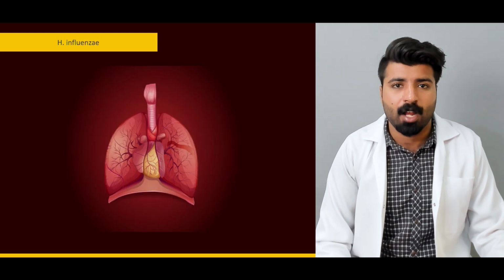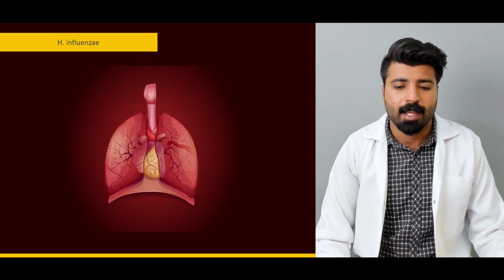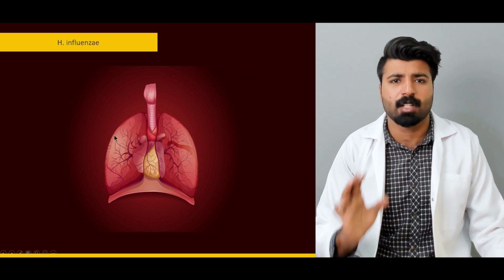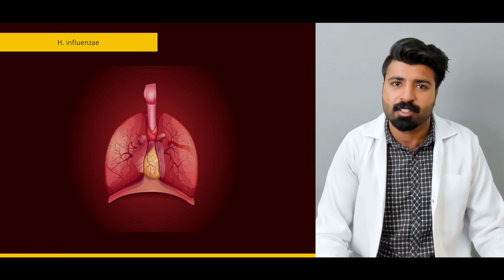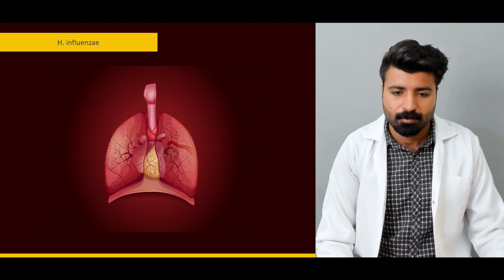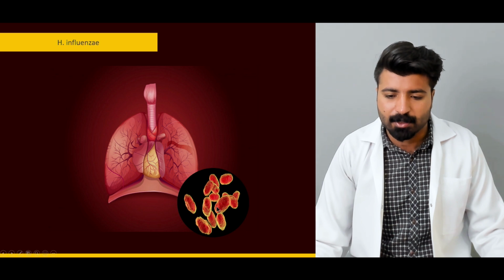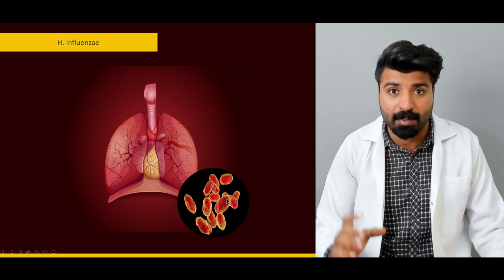Now we're going to talk about Haemophilus influenza and how it causes pneumonia. As you can see, Haemophilus influenza does affect the alveoli, but it also affects the interstitium. Look at the slide. These are the cells which are going to be found inside that affected organism.